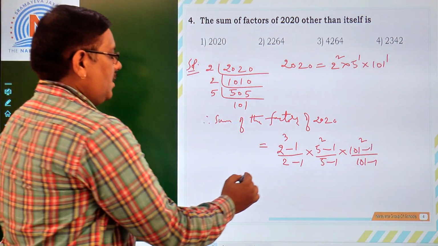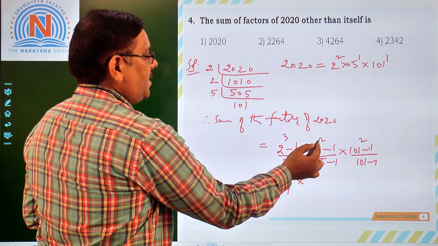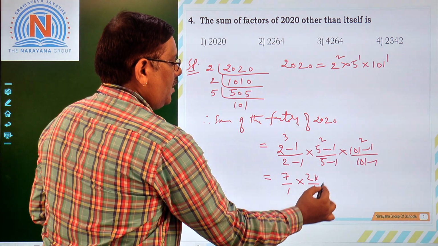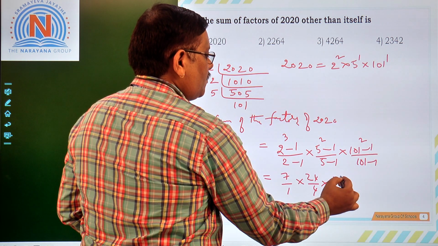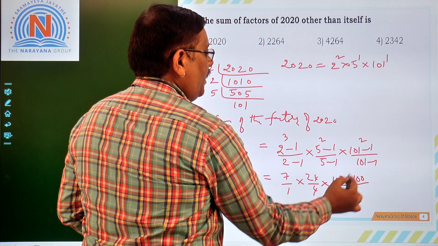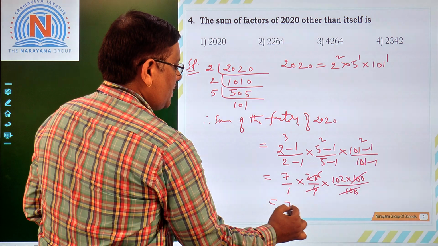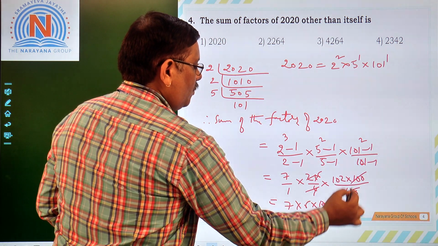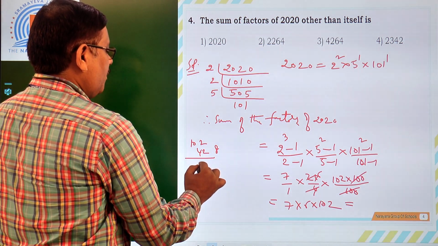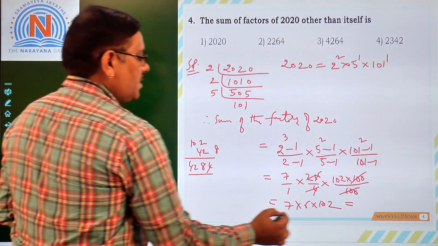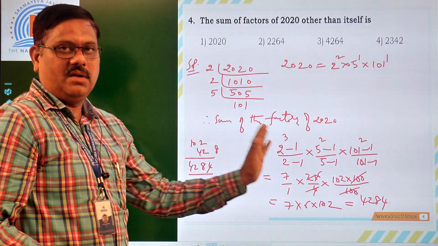The same formula: 2 cube is 8 minus 1, that is 7 upon 1, into 5 square 25 minus 1, that is 24 upon 4, into 101 square minus 1, we can write as 101 plus 1, that is 102 into 100 by 100. So 100 cancels, 4 ones are 4, 4 6s are 24, so that is 7 into 6 into 102, that is 42 times 102, that is 4284. 4284 is the answer actually, the sum of the divisors or factors.